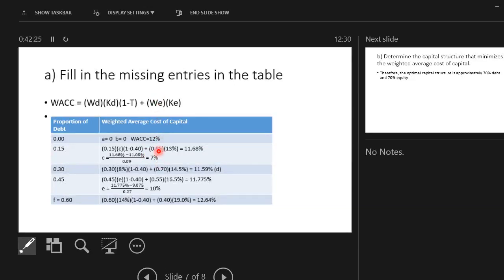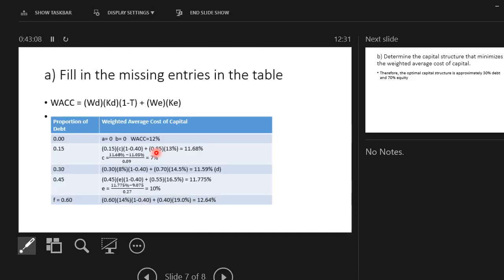Now, you need to be careful because the proportion of debt is 0.15. Automatically, it means the proportion of equity is 0.85, 100 minus that. Or another way to put it, because remember this is 15%, you would say 100 minus 15%, or you could simply say 1 minus 0.15. You need to know that everything has to add up to 100% between the debt and the equity.